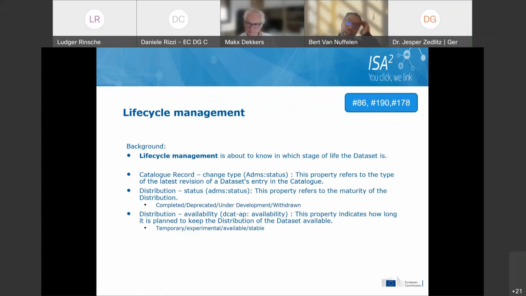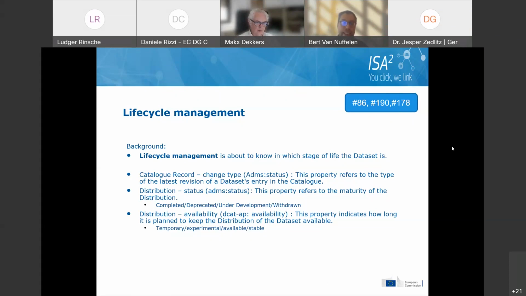Okay, and then we have a topic which I collected under lifecycle management. There are a few discussion points on these issues, and I just want to point to some of the issues that we have related to that. Lifecycle management is about in which state the dataset, data service or distribution is.